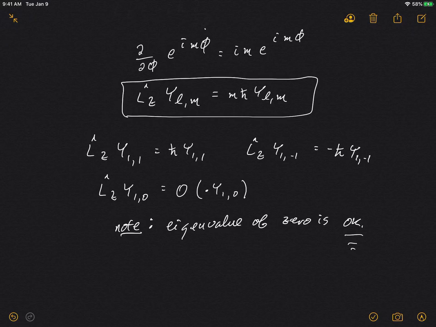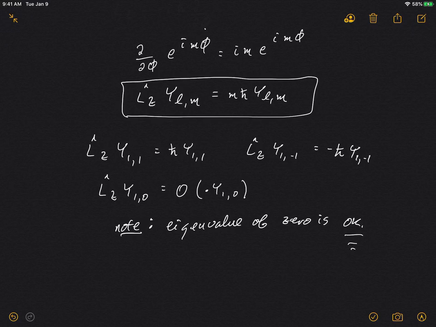This is sometimes a question that gets asked on an exam, and yes, it's okay. It might cause some concern, but within the machinery of quantum mechanics, it doesn't really gum up the works.